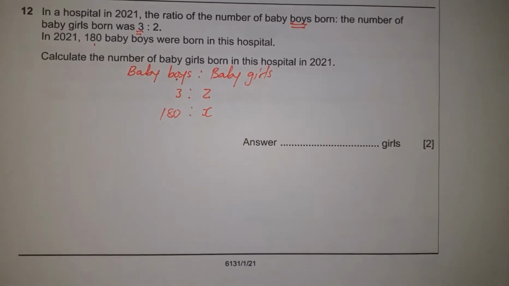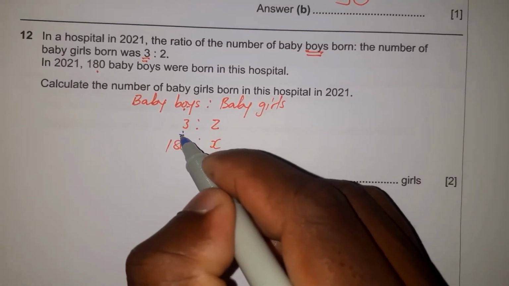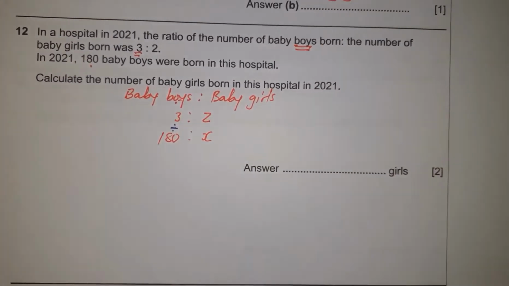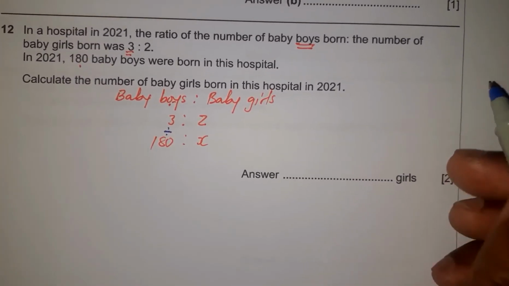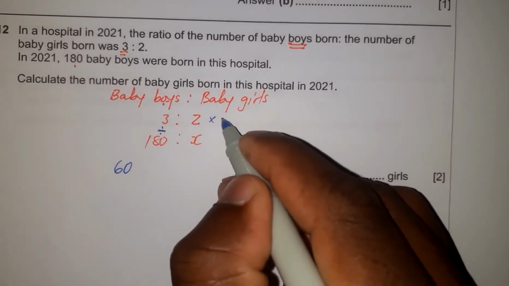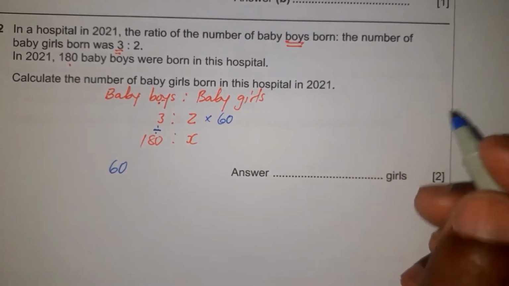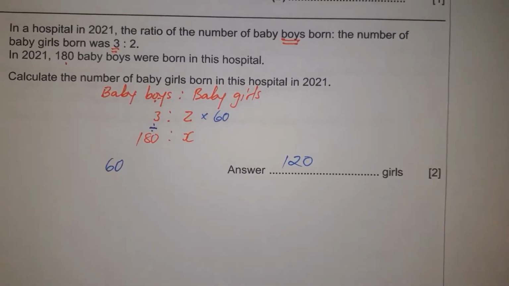What I do to make it easy for myself, I can divide 180 by 3 so that I can get 60. And then I multiply the 2 by 60 so that I can get 120.